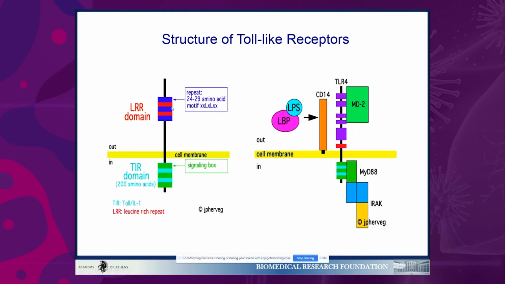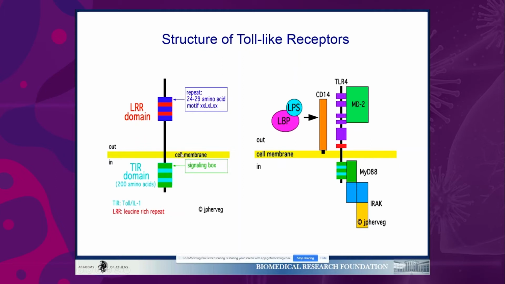This is very important for Toll-like receptors because it is involved in the recognition of microbial structures. So this is critical, and I'll come back to that. Then there is an intracellular domain called the TIR domain, or Toll/interleukin-1 receptor domain, which is also shared and has homology with IL-1 family members, and this is very important for signaling.